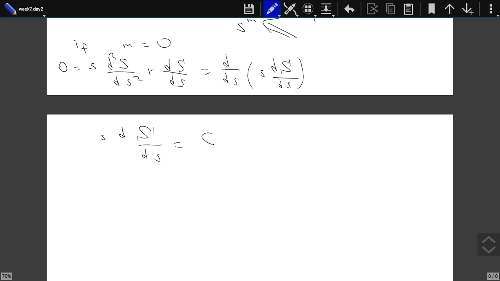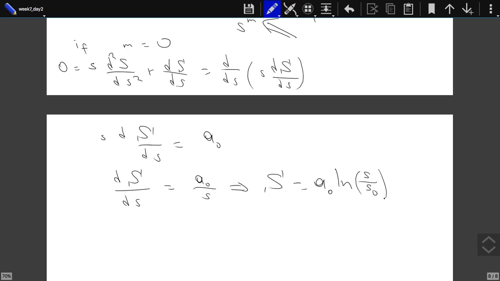Let me call that constant a0. Or the derivative of S with respect to s is a0 over s, which tells me that this function S should be a0 times the logarithm of s over s0 plus b0. In fact, I can even set b0 equal to 0. This is another solution of my differential equation.